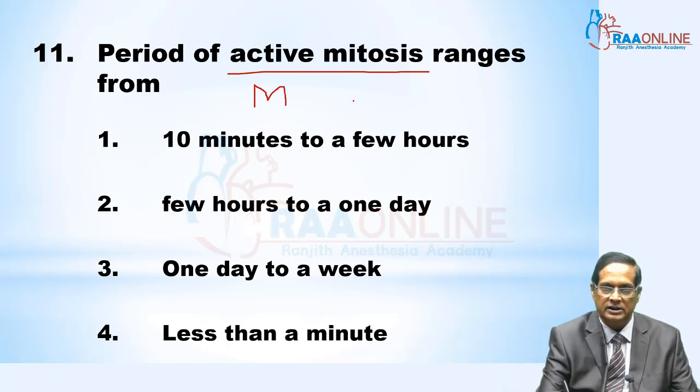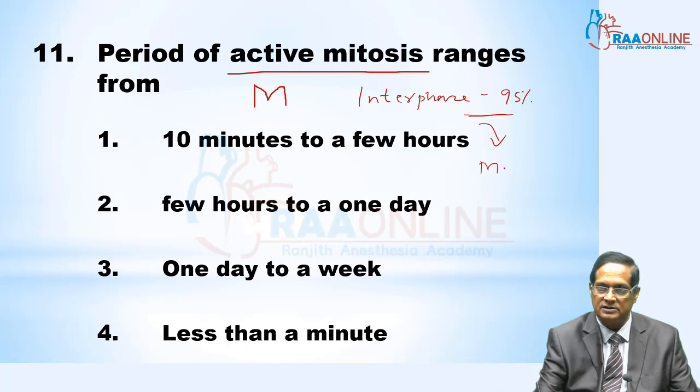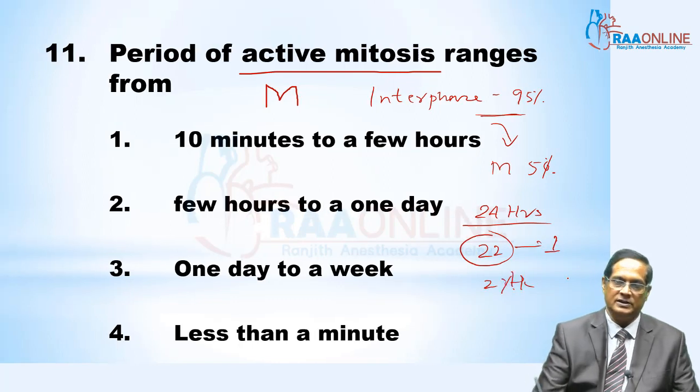I have already said that interphase, or preparatory phase, takes 95% of the time of the cell cycle, whereas the M phase takes place in hardly 5% of the time. A human cell divides in 24 hours, out of which 90% of the time, that is 22 hours, is needed for interphase and hardly 2 hours for the M phase.